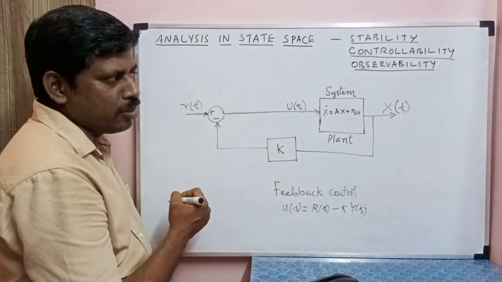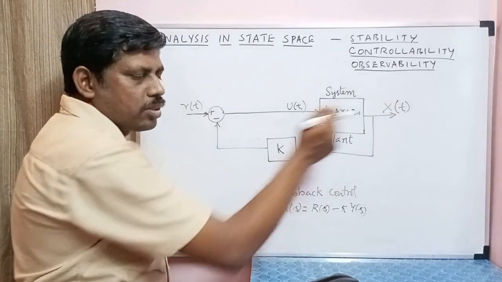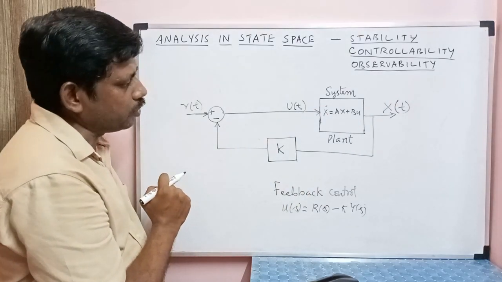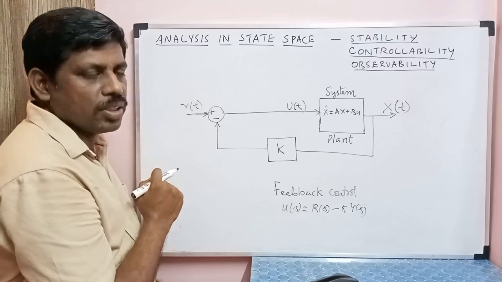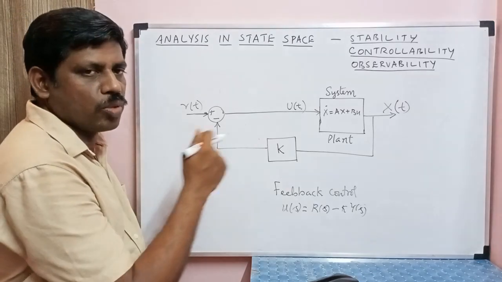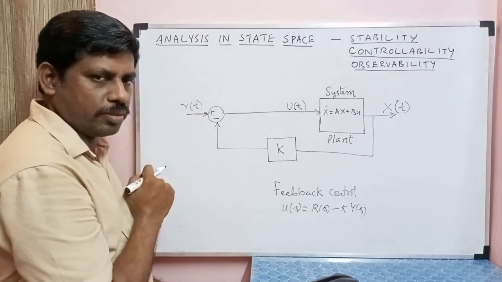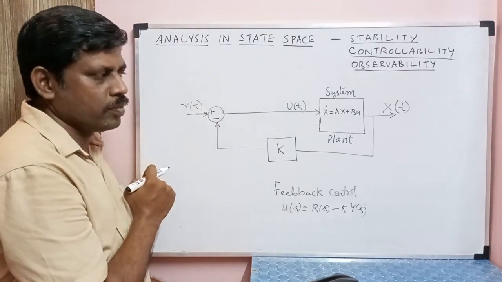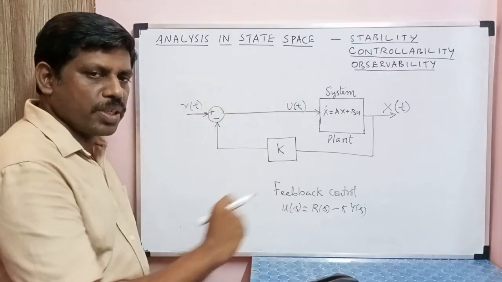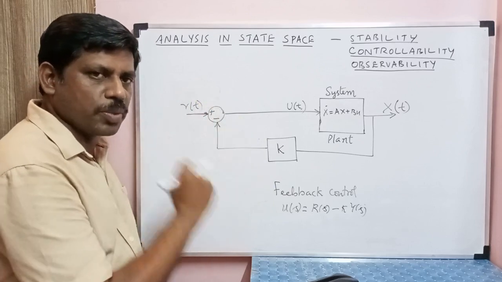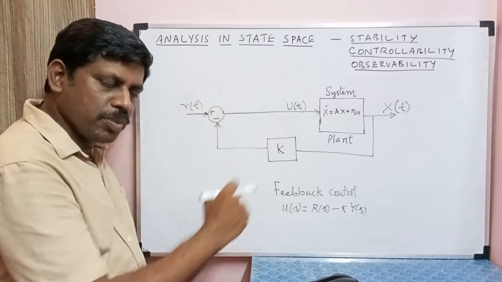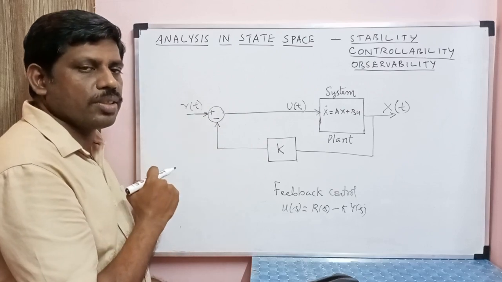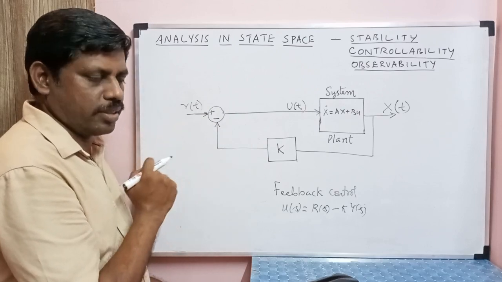So many times control of the state variables is also important, because let me take up an example. The example we took in the last lecture, that is an armature controlled separately excited DC motor. The output there is the speed of the rotor, angular speed of the rotor, and apart from this angular speed, there is one more state variable, that is Ia, armature current.